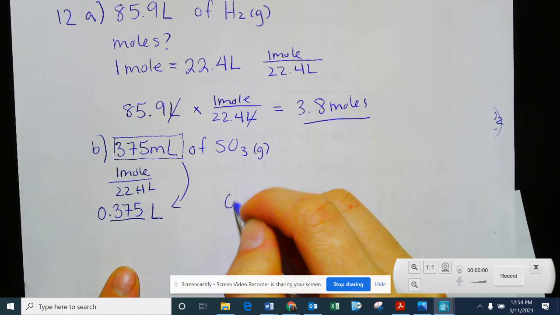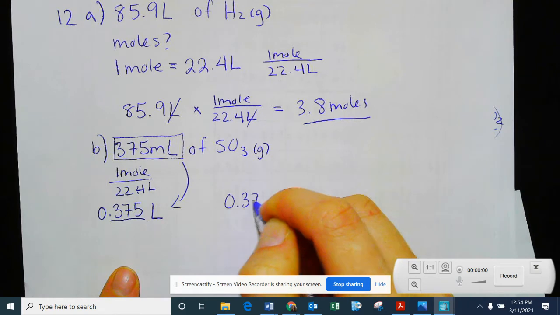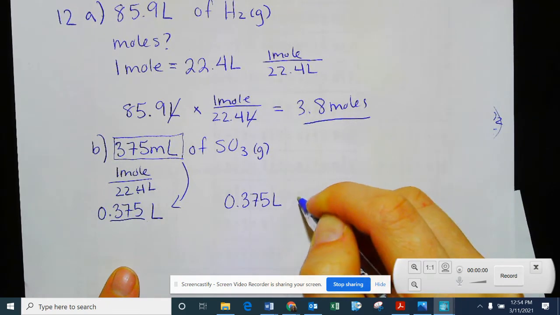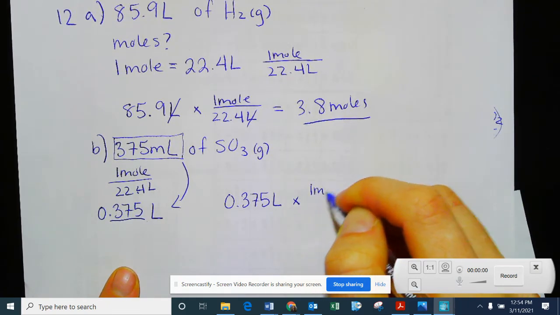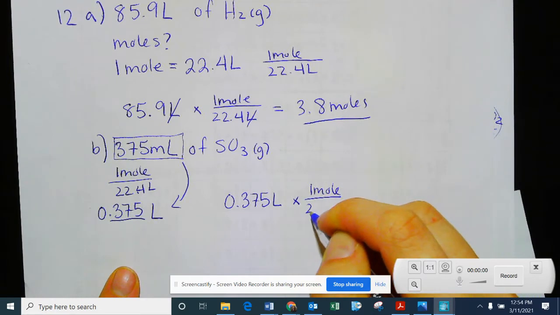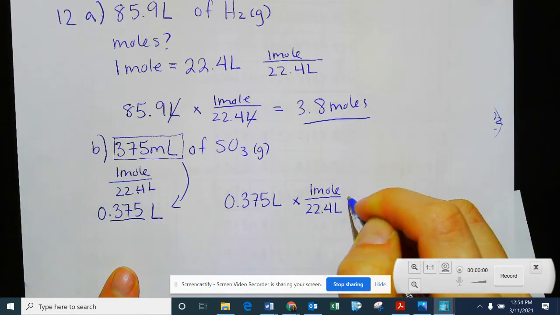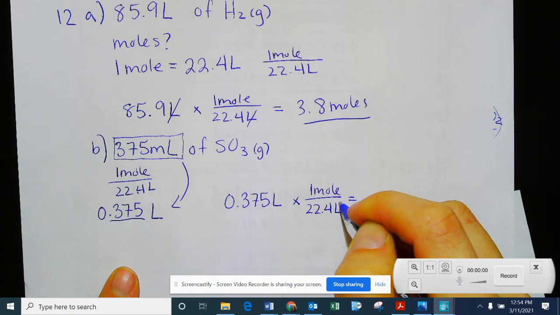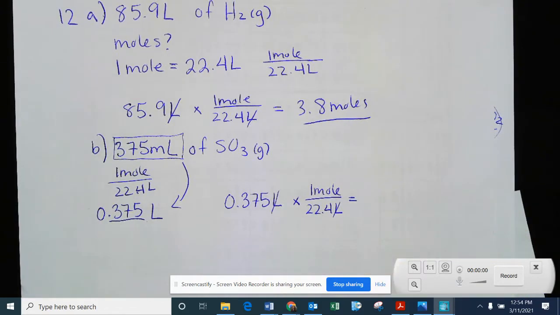I'm just going to go 0.375 liters times 1 mole per every 22.4 liters. Doing this cancels out my liters. And if I do 0.375 divided by 22.4, what do I get?